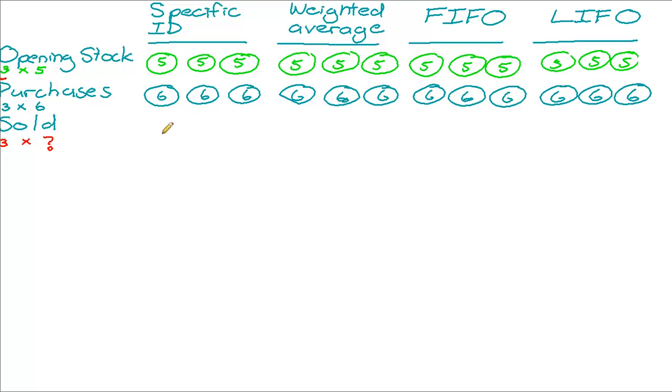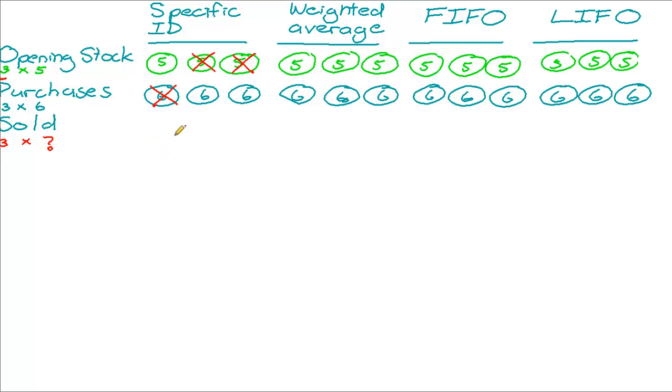So under the specific identification method, we are specifically going to sell the pies that the customer selected. So the one guy says, I want this one and that one, and another guy comes and he says, I want the pepper steak, but he says, I want that one. Alright, so there we go. Those are the 3 pies sold under the specific identification method.